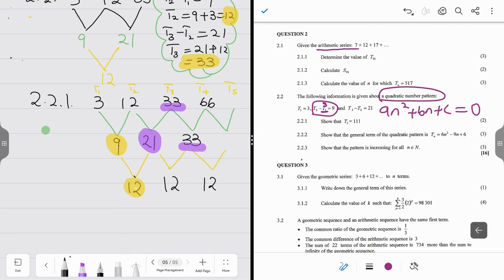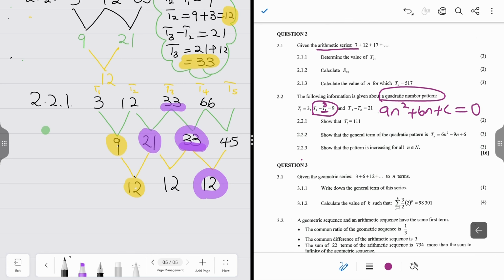And in that manner, when I subtract them, I still get 33. So to go forward, if I want to know the value that comes here, I need to say 12 plus 33. I add this 12 and this 33 to get the next term. When I add them together, they give me 45.